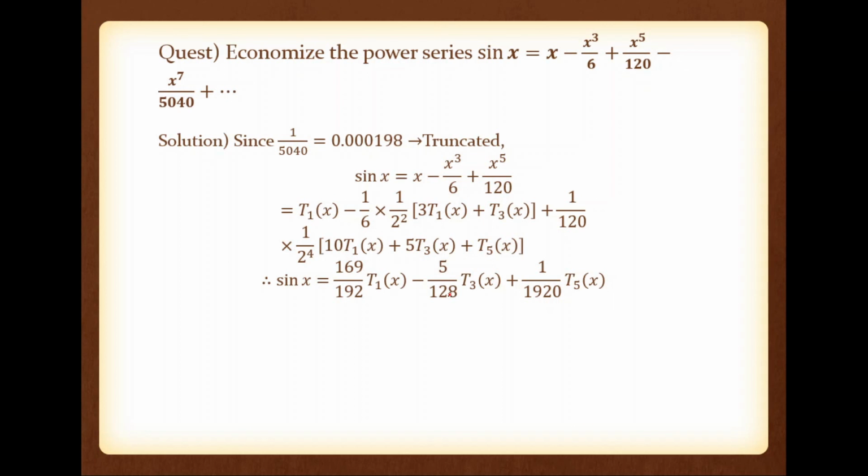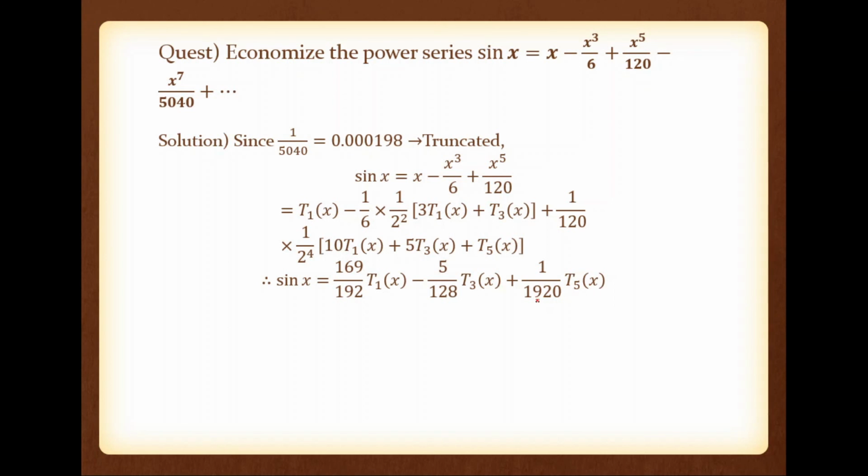Then is there any T2 of x? No, there is no T2 of x. Then T3 of x, here we have T3 of x, that is negative. Here we have T3 of x, that is positive. So we have minus 5 by 128 T3 of x plus, here we have T5 of x, that is 1 by 120 into 1 by 2 raised to 4. So that is 1 by 1920 into T5 of x. Okay.